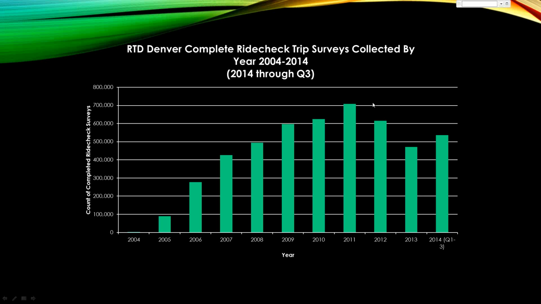In January of 2012, we actually cut back our service about 12% because of the economic downturn. And at the same time, in 2012 and 2013, we implemented our new CAD-AVL system, and we had some disruptions of data collection at that time, but we're now back on board for collecting more data for 2014.